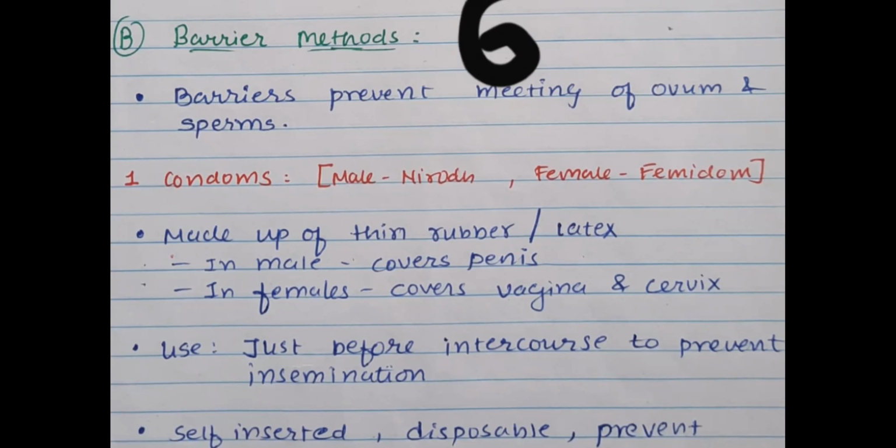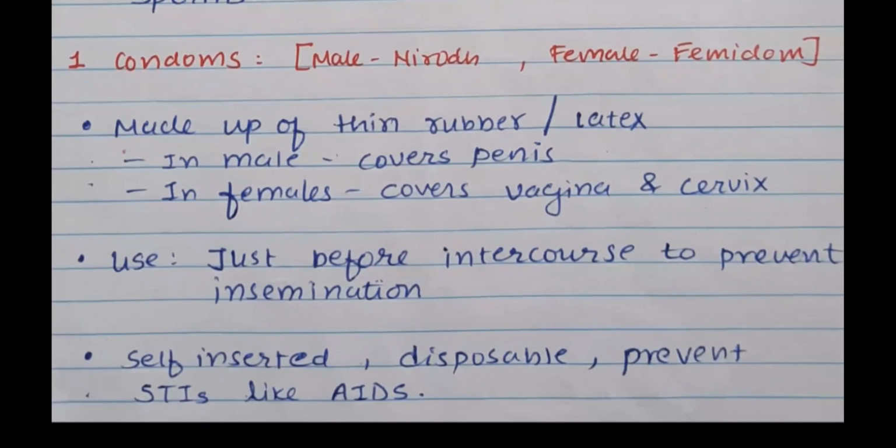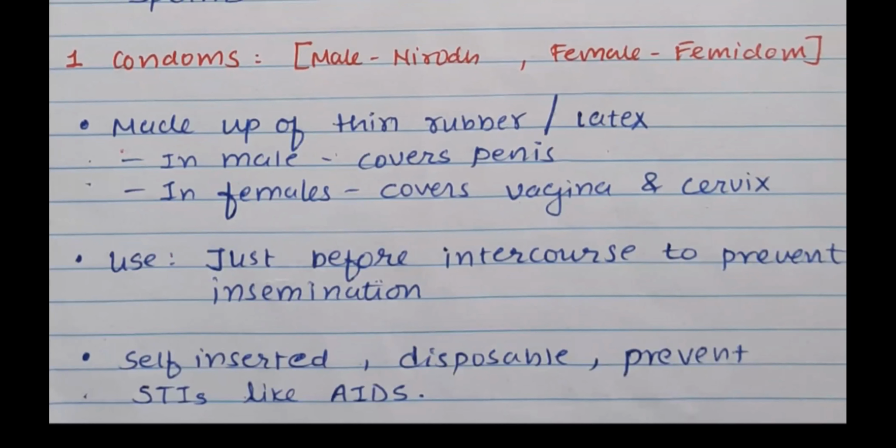So one of the barrier methods, the first one, is the condom. The Hindi name of condoms is Nirodh, that is the popular brand of condoms for male, and for female condom the name is Femidom.